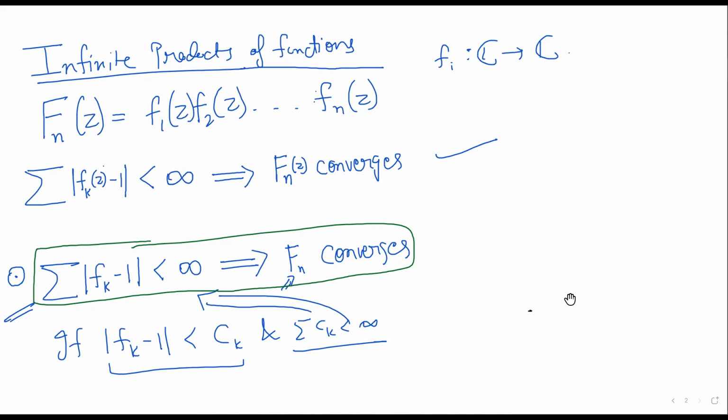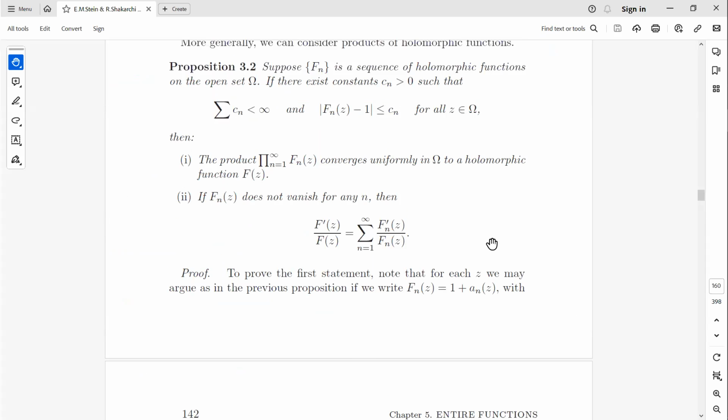Maybe we do some complex analysis. For example, assume that the product converges. Then you look at your favorite identity for differentiation of products of finitely many functions.